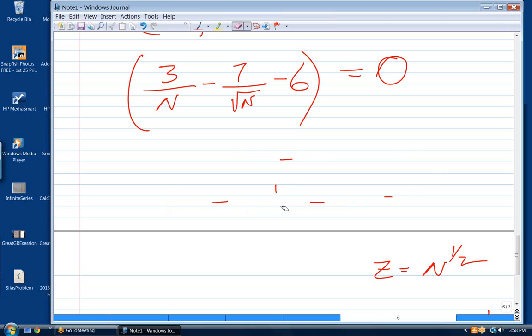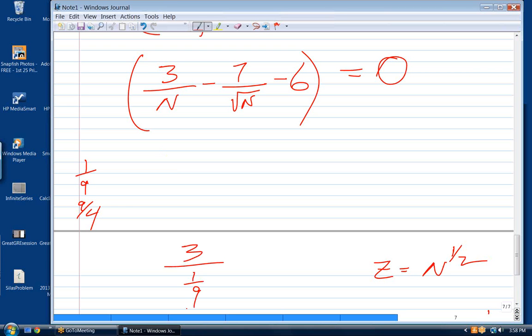So what did I say? 1/9 and 9/4. So let's try 1/9. So 3 divided by 1/9 is how much? Divided by 1/9. How do you divide by a fraction?